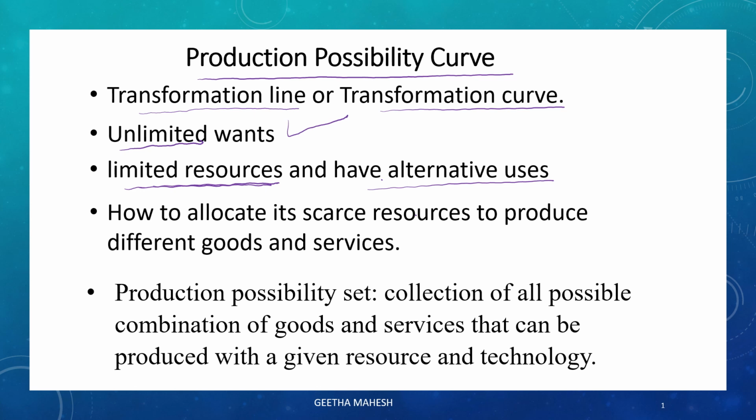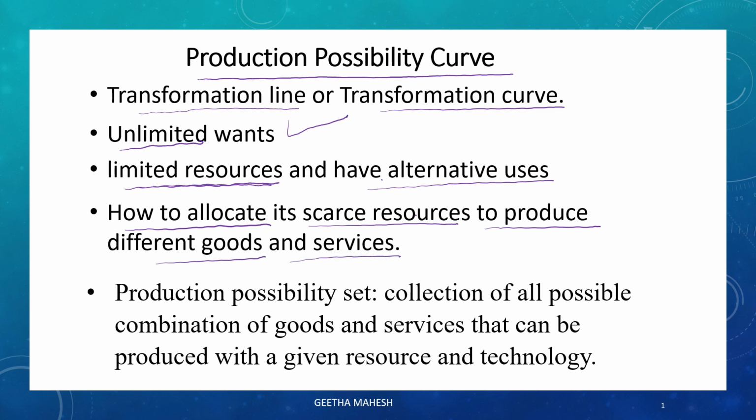Similarly, the economy as a whole has scarcity of resources compared to all that the people in the economy want to have. In that situation, every economy has to decide how to allocate its scarce resources to produce different goods and services.